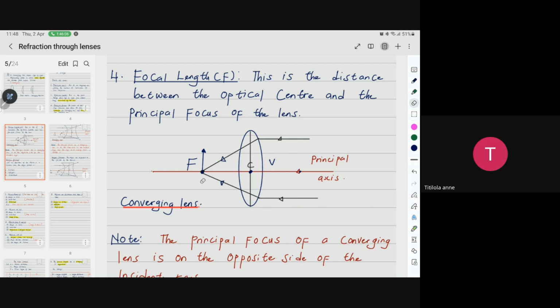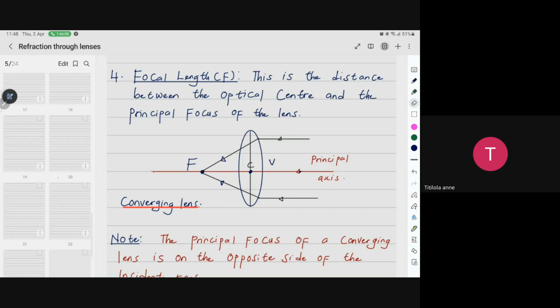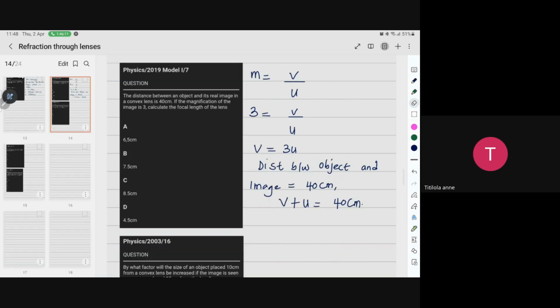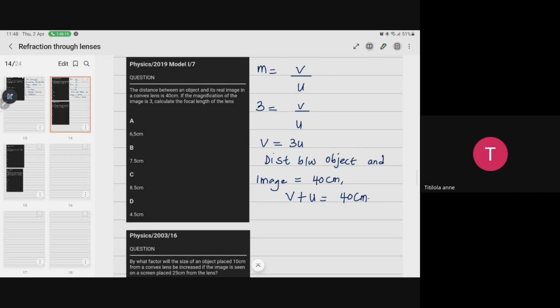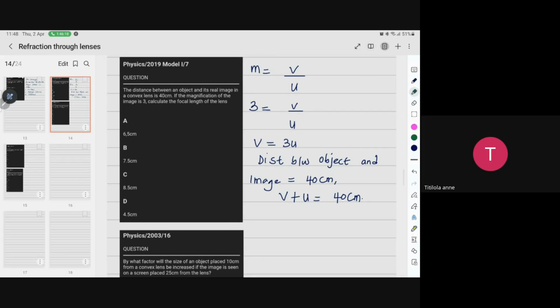Since we said V plus U, that's image distance plus object distance, is equal to 40, we substitute what we got for the image distance, which is 3U. So instead of writing V, write 3U plus U is equal to 40. Let me call V equal to 3U equation 1, and sub into equation 1.